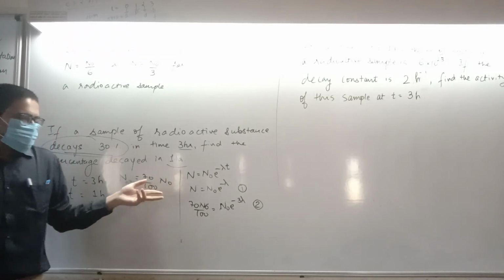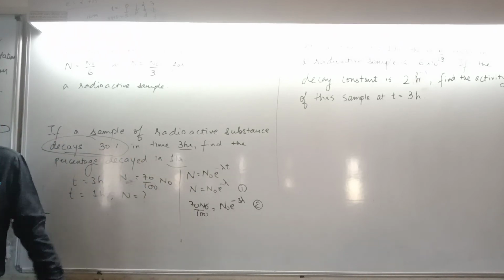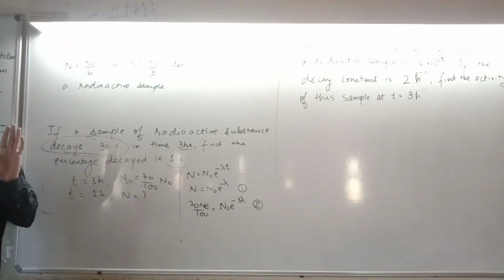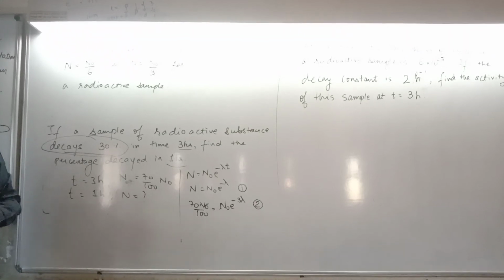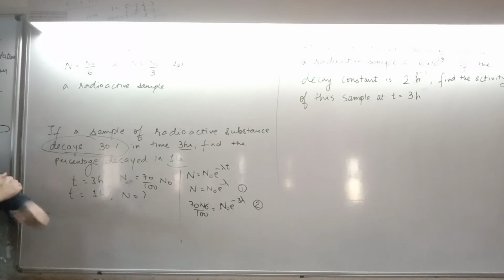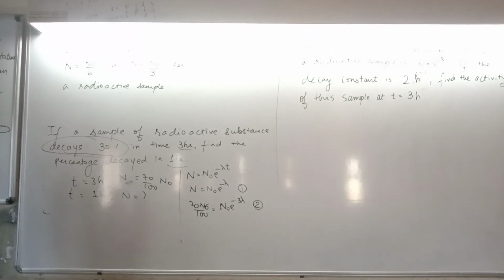So either do it directly, divide and then try to find it. Come on, a cube root will come in the answer. Okay, no problem, let it be like that. So the answer: n equal to n0 into 0.7 raised to 1 by 3.